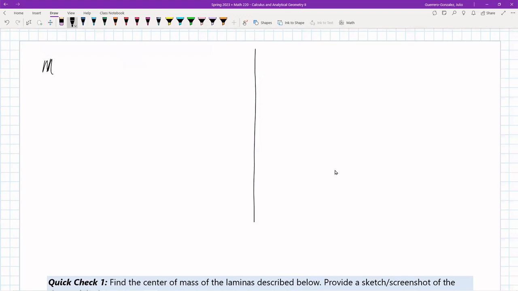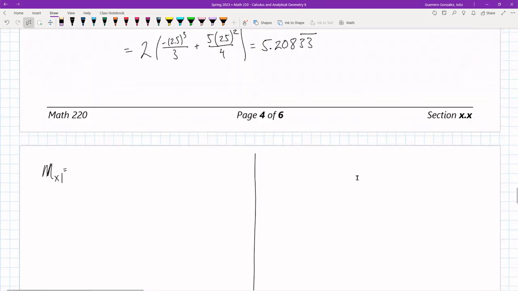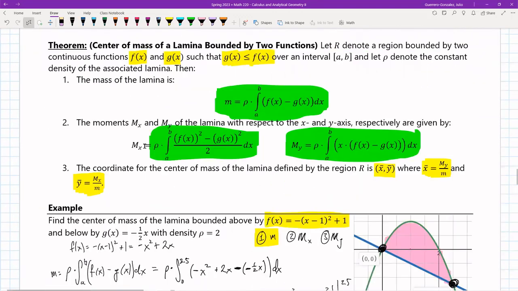So M sub x, we're going to go ahead and find M sub x first. So we're finding the moments with respect to the x-axis. And the equation for this one, let's go up above, is the one with the squares.